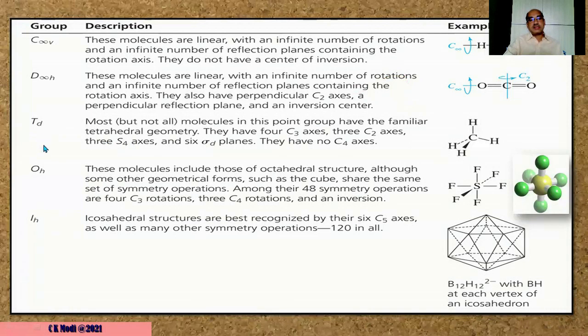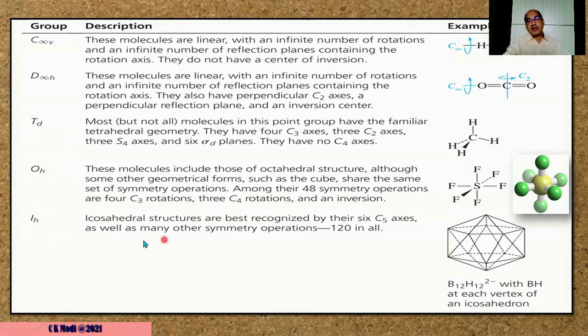Now, these are some of the examples where higher symmetry elements are present, a number of symmetry elements are present. So in a tetrahedral molecule, a number of symmetry elements are present. These are specific molecules having higher symmetry, and therefore they have specific names: tetrahedral, octahedral and icosahedral.